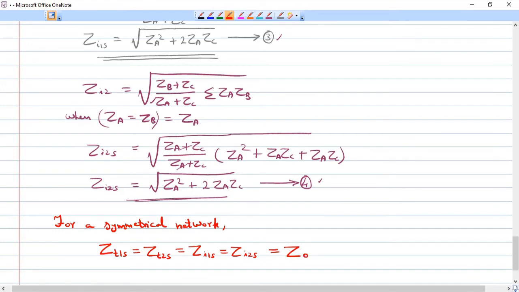Okay, so the iterative impedances and image impedances become equal in the case of a symmetrical network, which we call as the characteristic impedance of a symmetrical network. Okay.